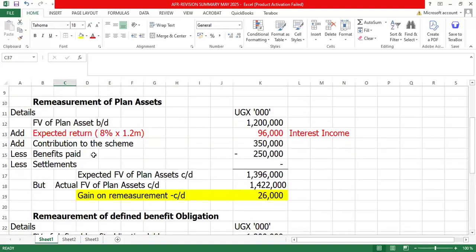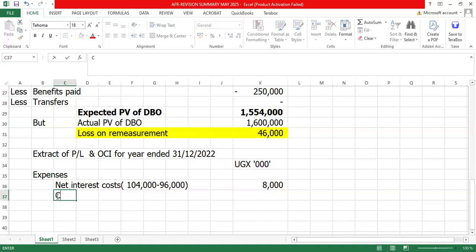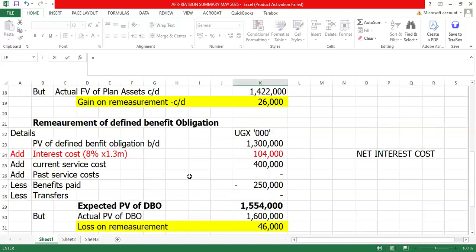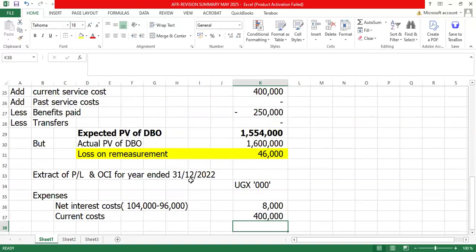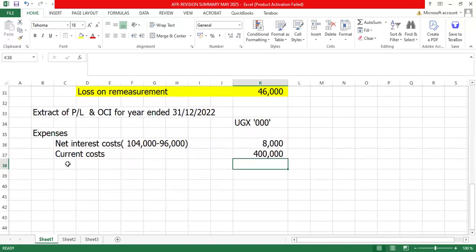Then we look at other costs. Other costs that must appear in our PL are current costs and past costs. Current costs, we have current costs. That is how much? Current costs, 400. Then we don't have past costs, so you don't need to indicate.